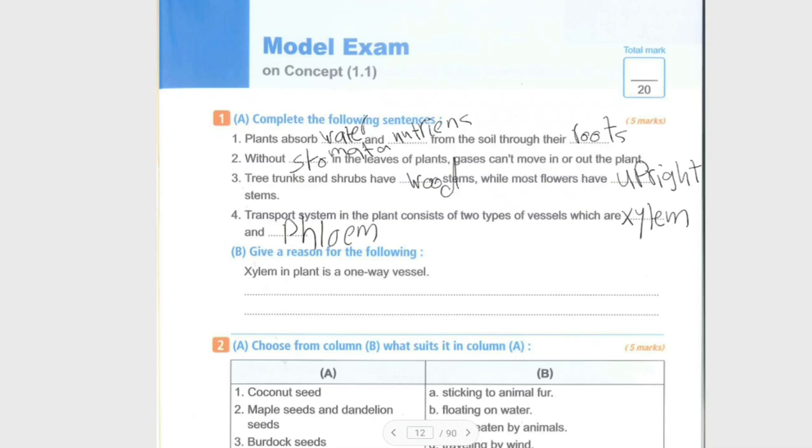Okay. Give a reason for the following. Xylem in plants is a one-way vessel.